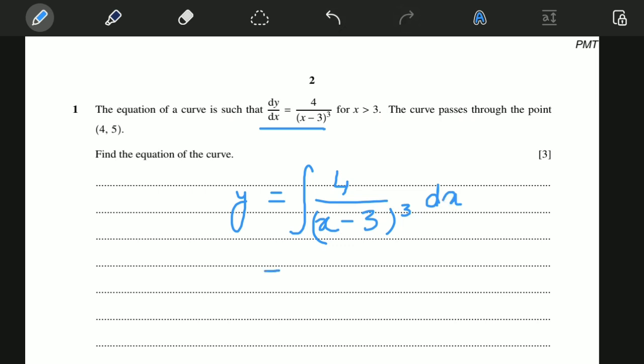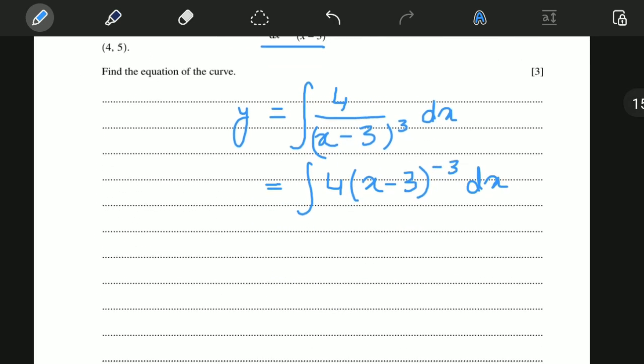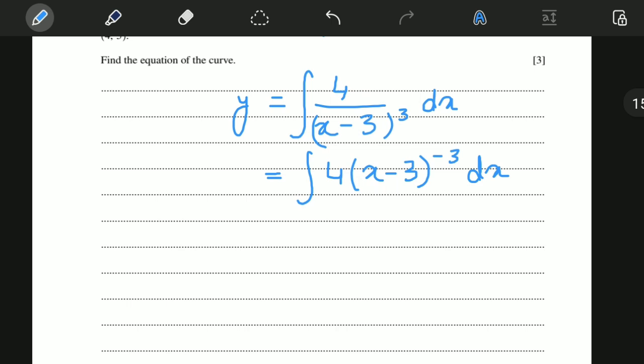Okay, so first write this in the simplest form: integral of (x minus 3) with power minus 3 dx, equals 4 on the outside.